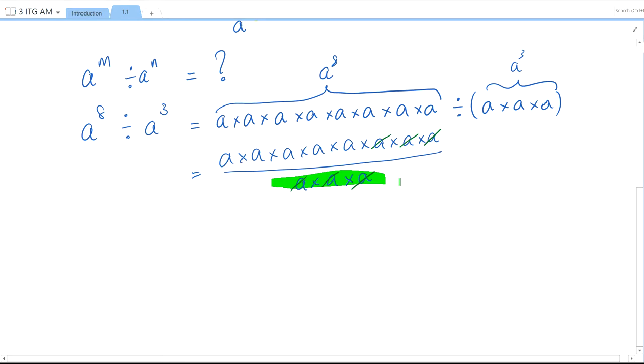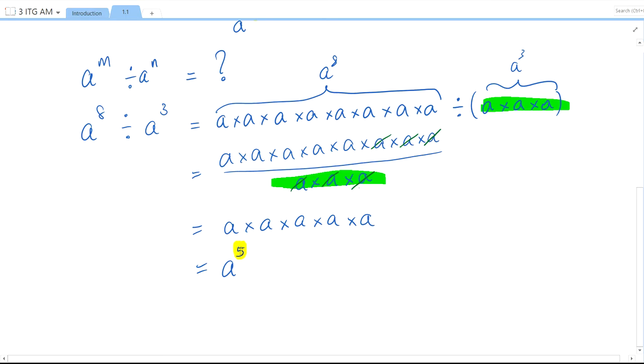Where did this denominator come from? Over here, there are 3 of them. This is our denominator. We are dividing it by a to the power 3, so 3 of the a's get cancelled off. How many are left? A times a times a times a times a. There are a total of 5 of them. So now we try to see, where did this 5 come from?